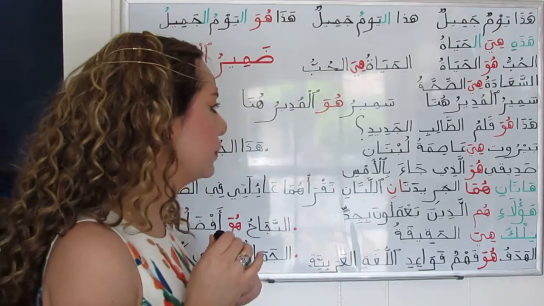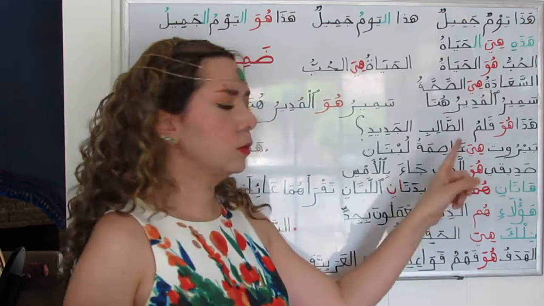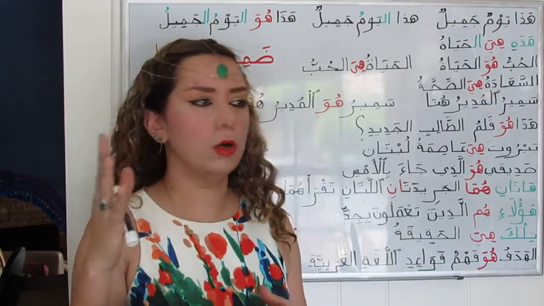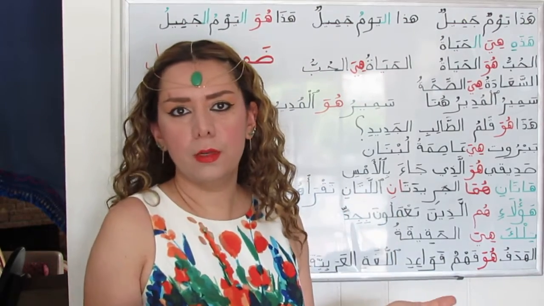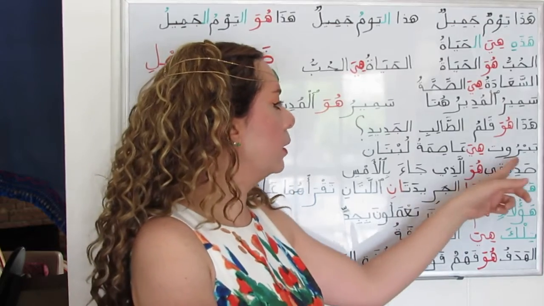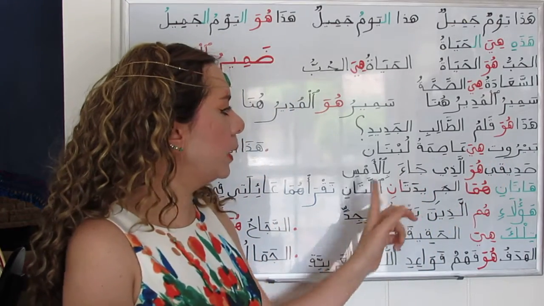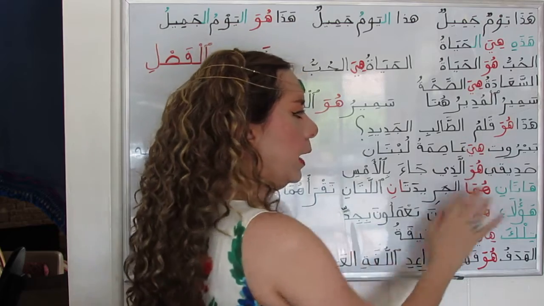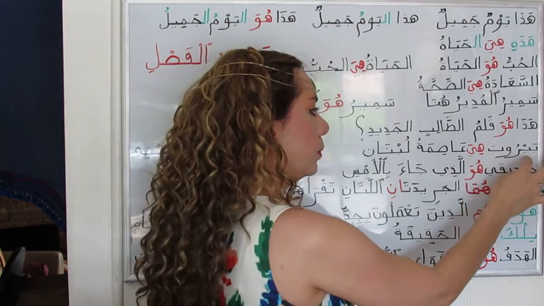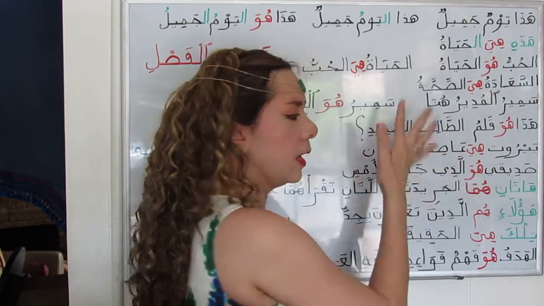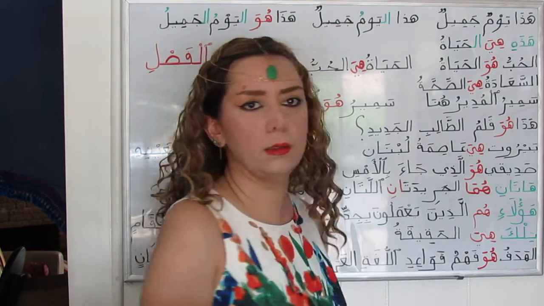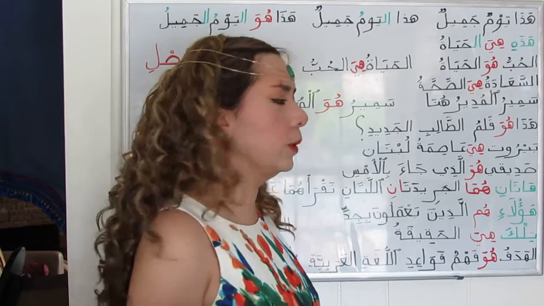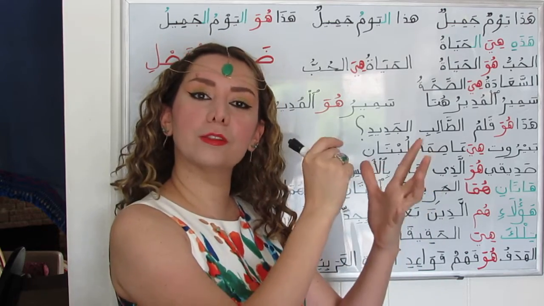For example, Beirut, we know Beirut is the name of a city. It is definite since it's a proper noun. هي عاصمة لبنان. So without هي here we have a clear transition from definite to indefinite. عاصمة, capital, a capital, is indefinite. We don't need هي here. But you can write it if you like to write extra words.